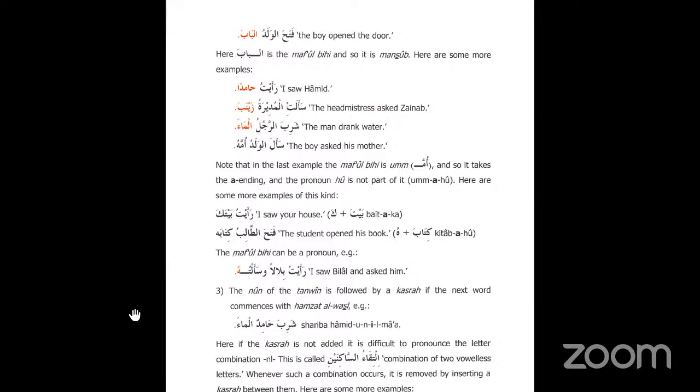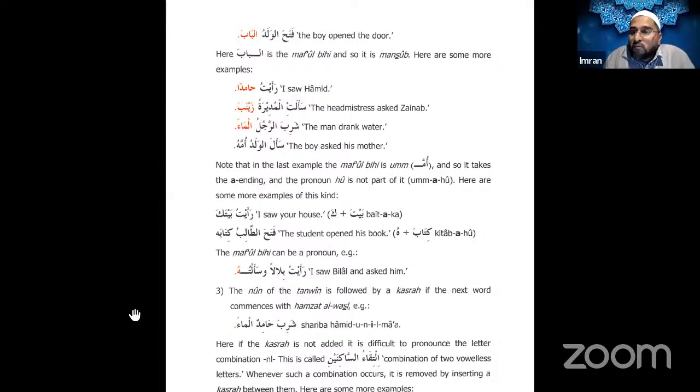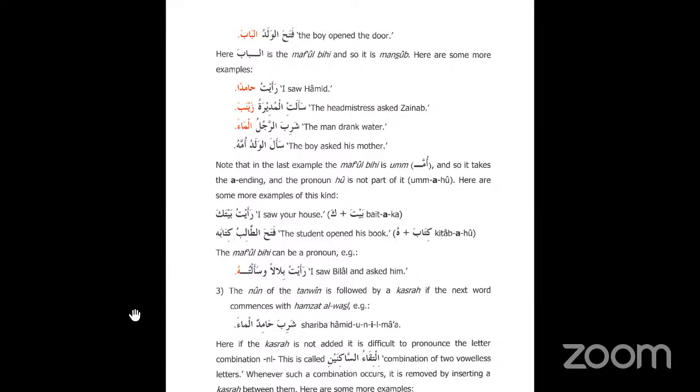Note that in the first example, the maf'ul bihi is umma, and so it takes the fatha ending, and the pronoun is not part of ummahu. Here are some examples of this kind. Ra'aytu baitaka.